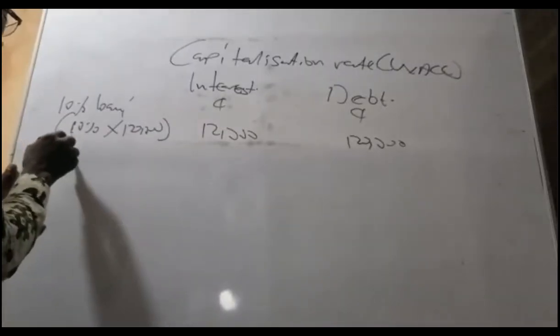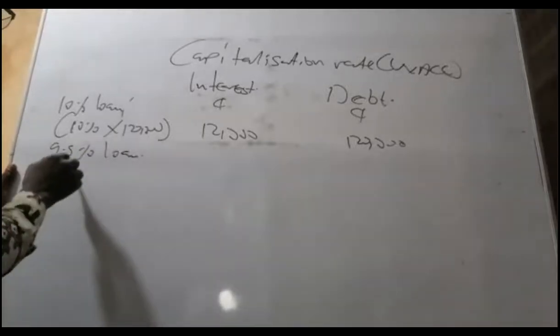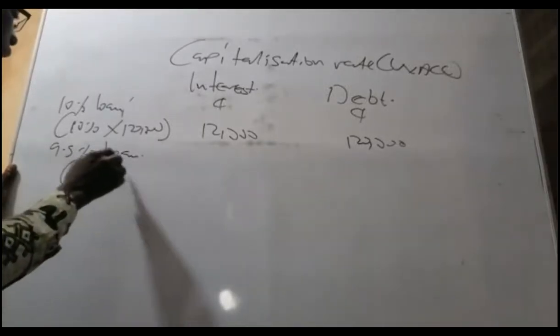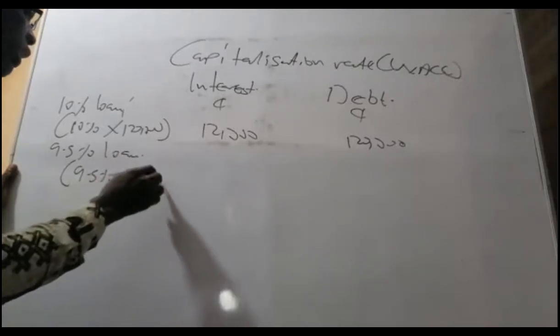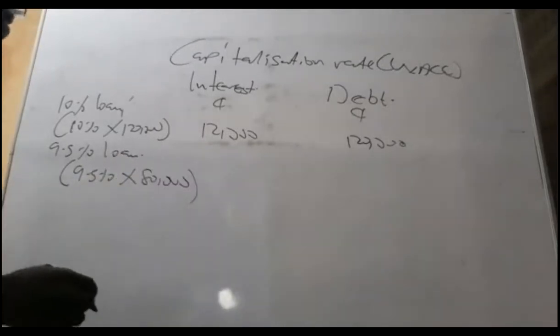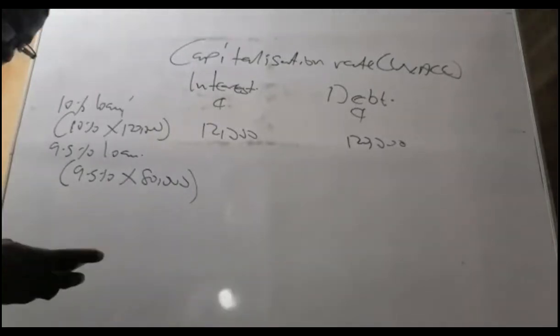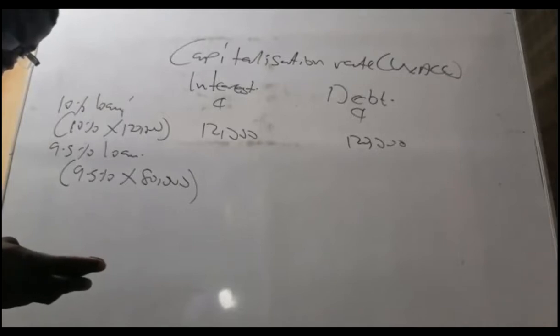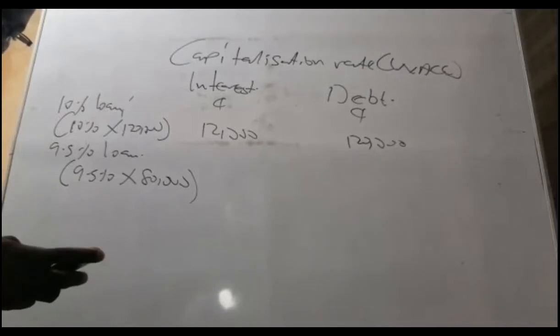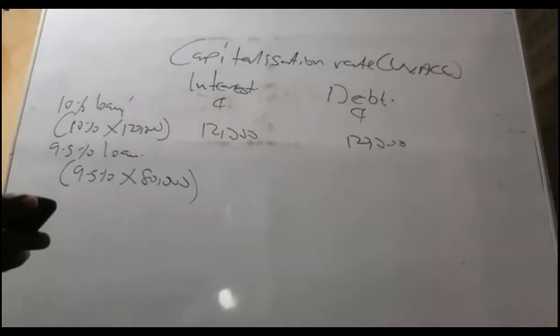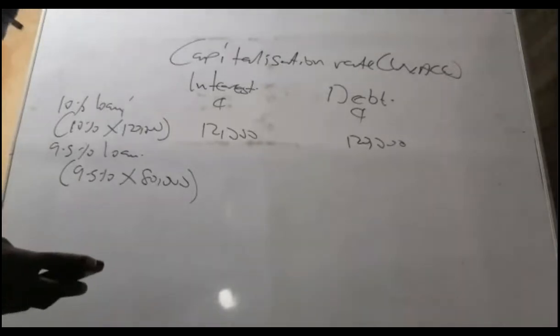So 9.5% loan. That one needs to be 9.5% times what? 80,000. Agreed. And that'll give us 0.095 times 80,000.